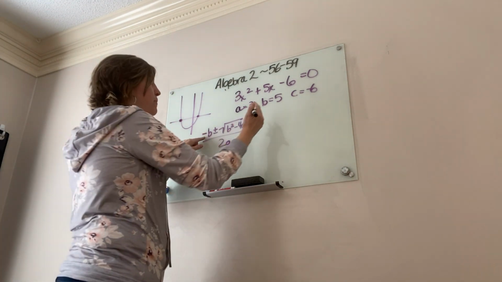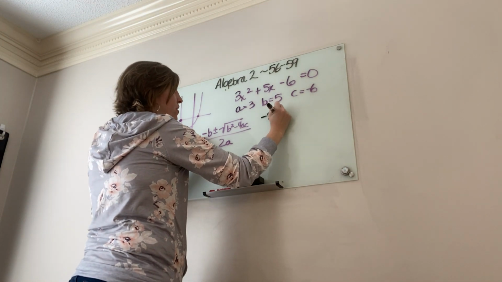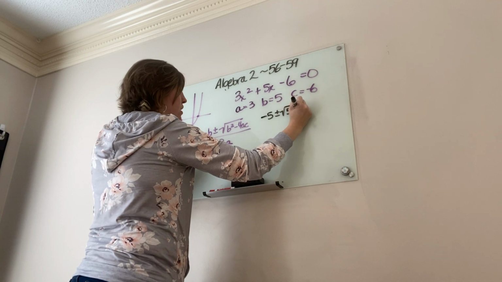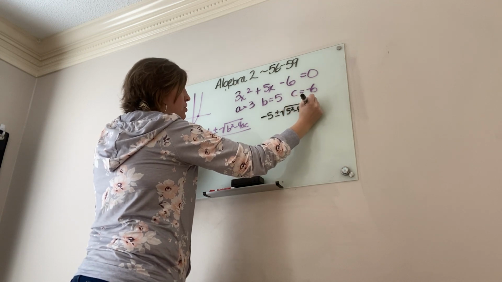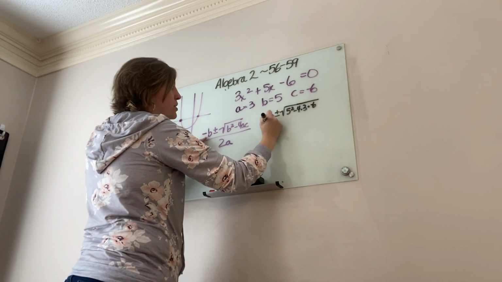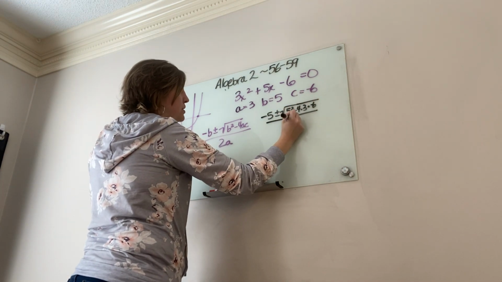So negative b would be -5 plus or minus the square root of 5 squared minus 4 times 3 times -6. Don't forget that square root symbol goes all the way, and then 2 times 3.